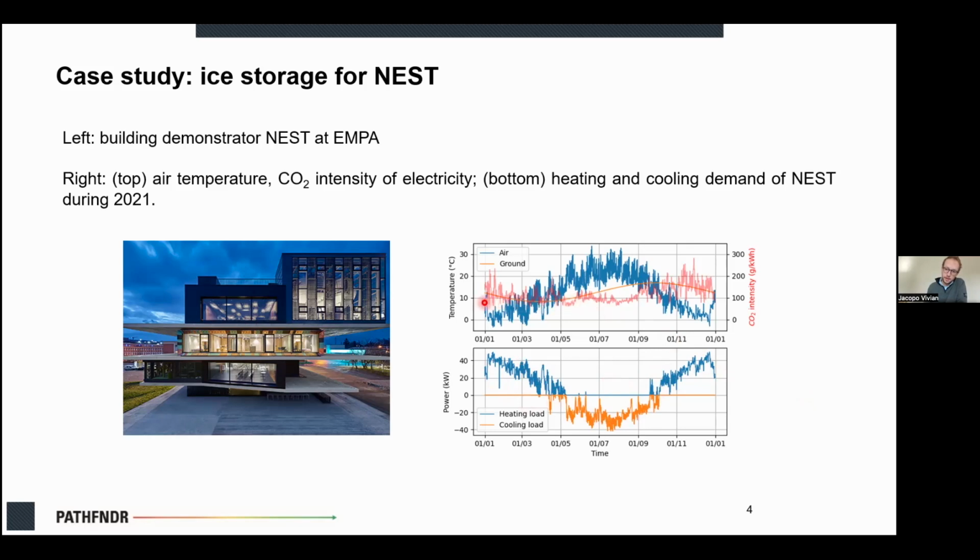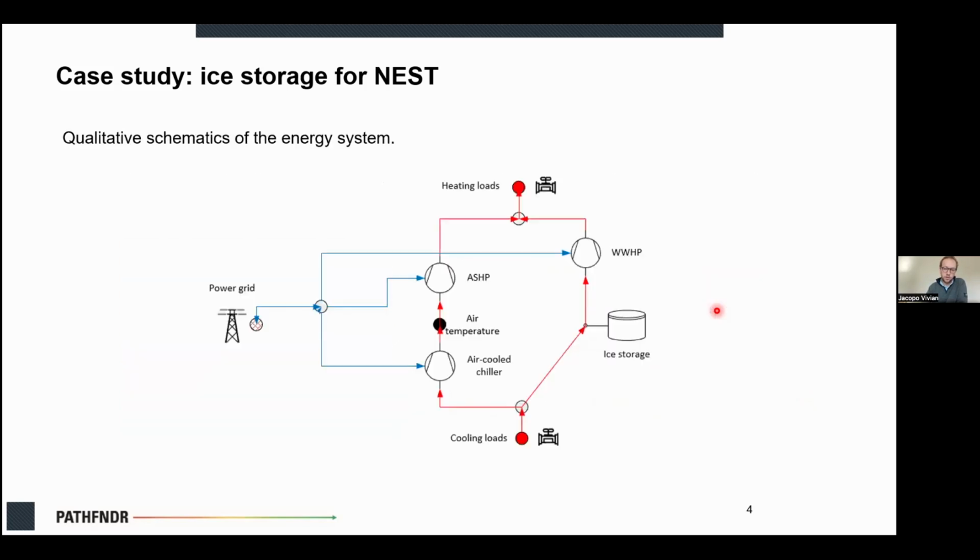And this is the CO2 price. Yeah, so this is collected from a weather station. These are the boundary conditions. The objective here is to store cold energy during winter for use during summer.